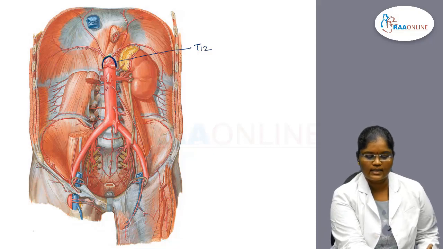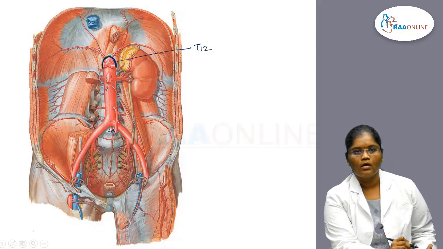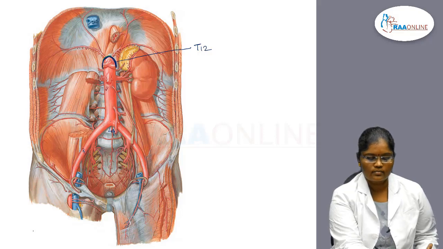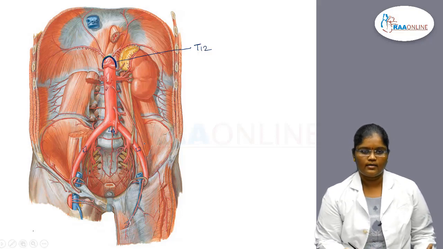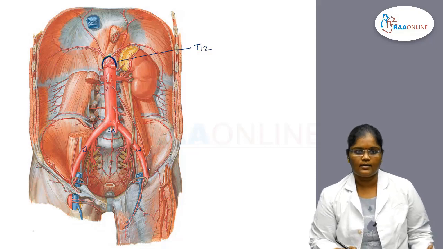Then it extends till the L4 level. This is the L4 lumbar vertebra, where it terminates into two branches, the right and the left common iliac artery. The right and the left common iliac artery further subdivide into external and internal iliac arteries.